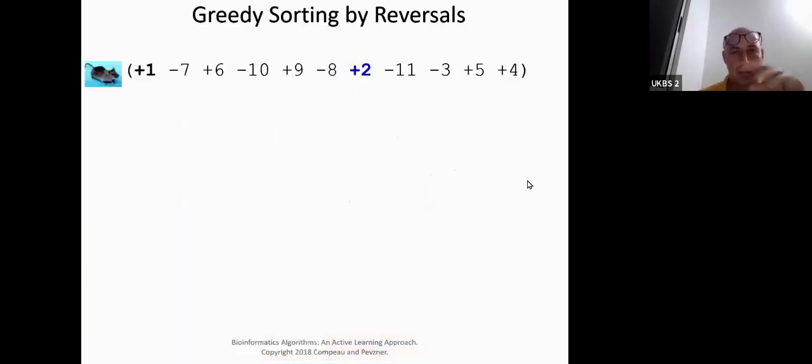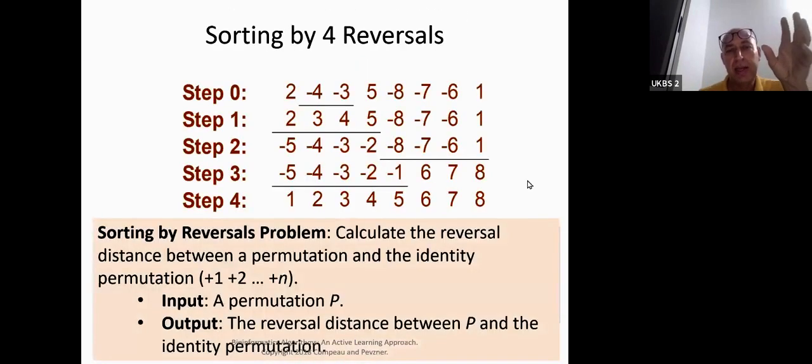This is called the sorting by reversal problem. To calculate the reversal distance between a permutation and the identity permutation 1, 2, ..., n, the input is a permutation P, and the output is the reversal distance between P and the identity permutation.